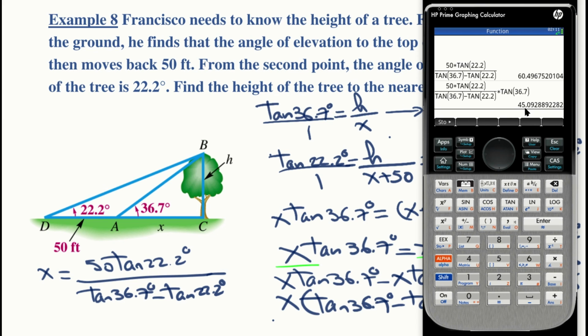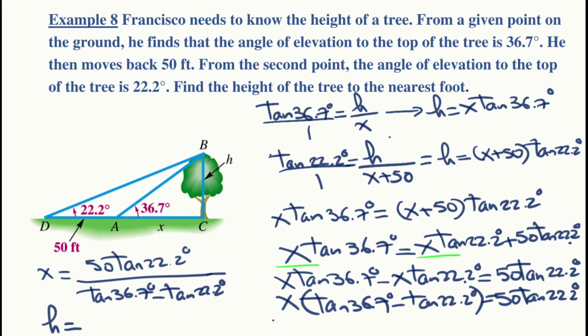So we get h, which is x times tangent of 36.7 degrees, is almost 45 feet. Very nice problem, and notice how algebraically intense it was.